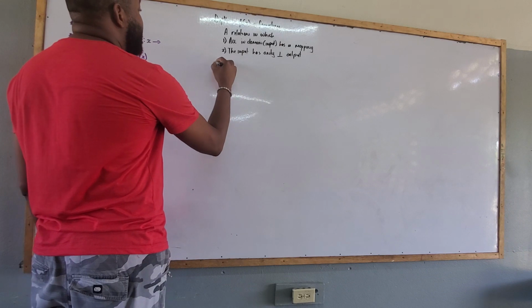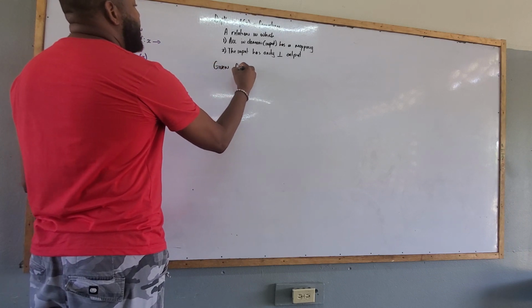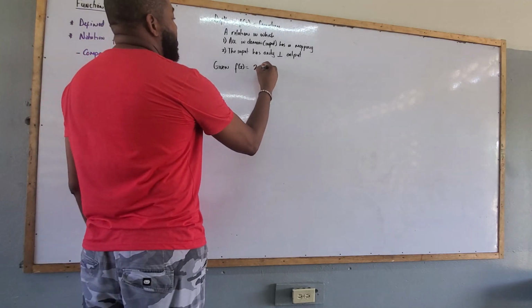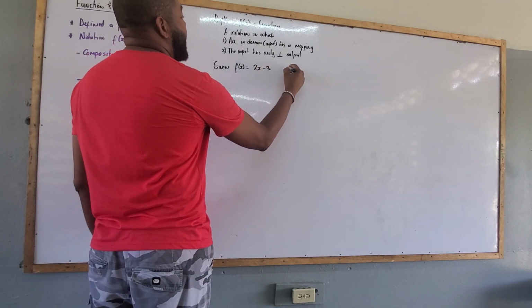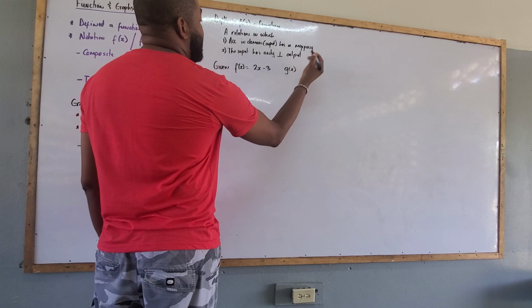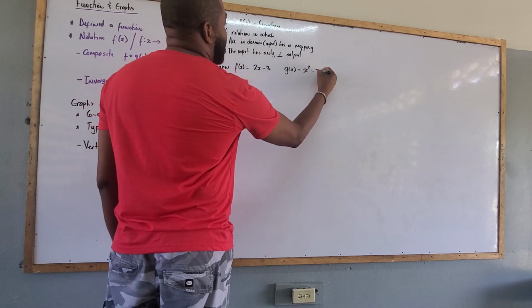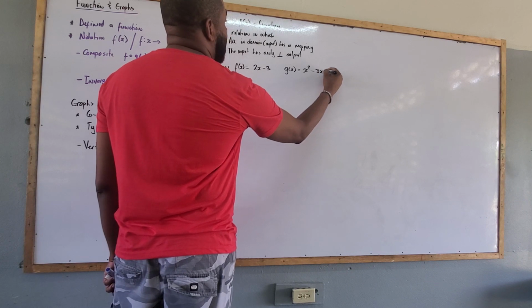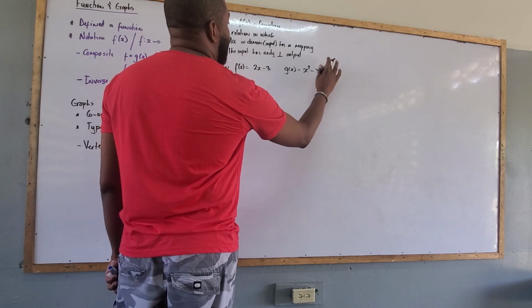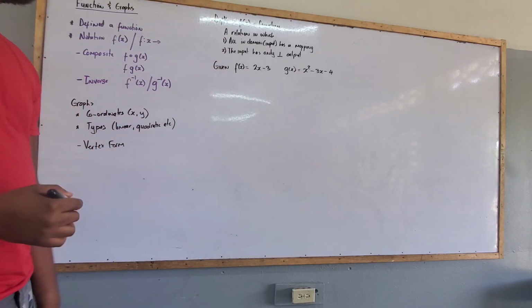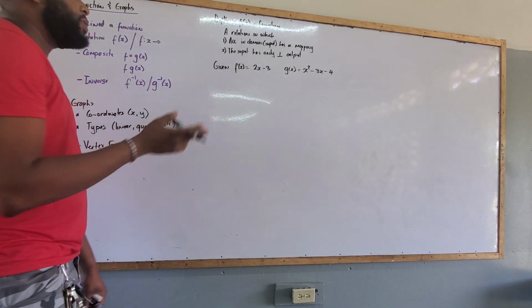Given some function f of x equal to, I don't know, 2x minus 3, and g of x equal to some x squared minus 3x plus 4. So we have these two functions.